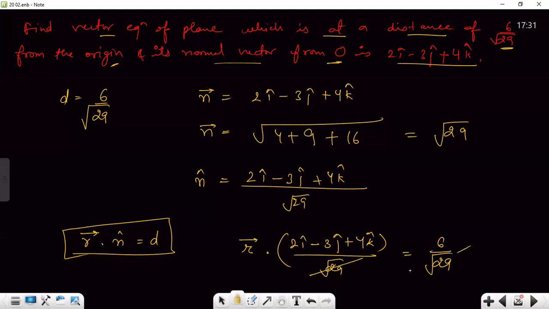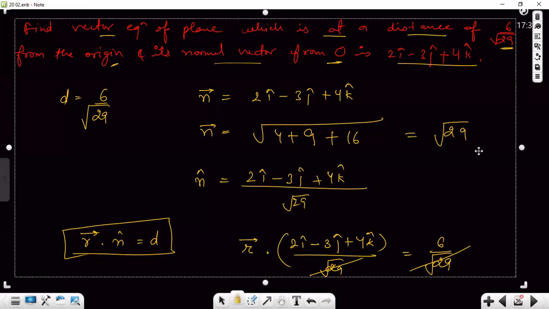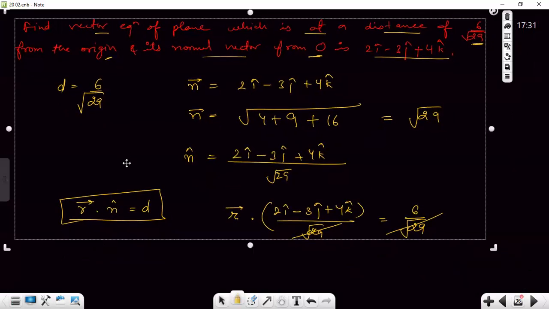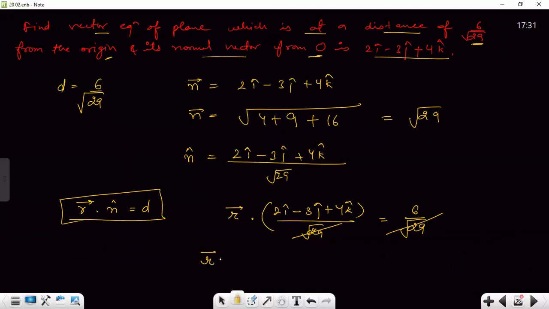Square root of 29 cancels, and the answer becomes r dot 2i cap minus 3j cap plus 4k cap is equal to 6.